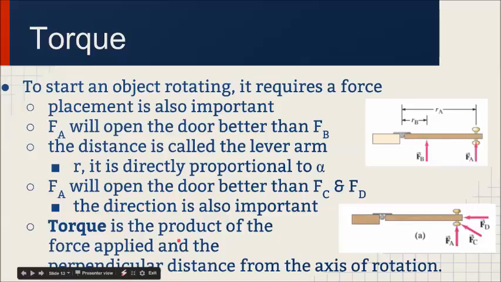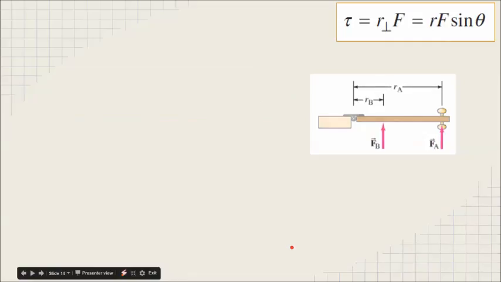So we multiply the force applied, which is just a force in newtons, and the perpendicular distance from the axis of rotation, and that's what we're going to call R.